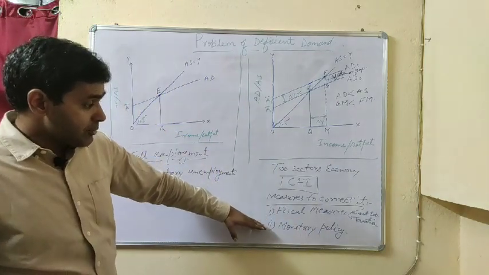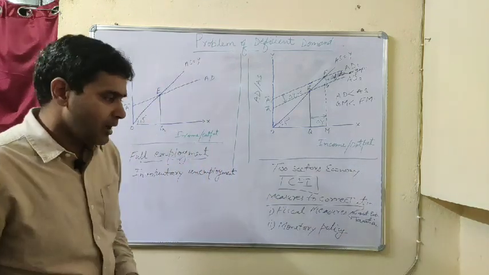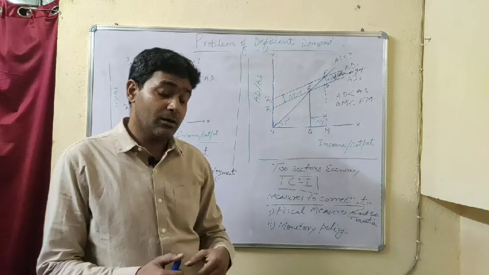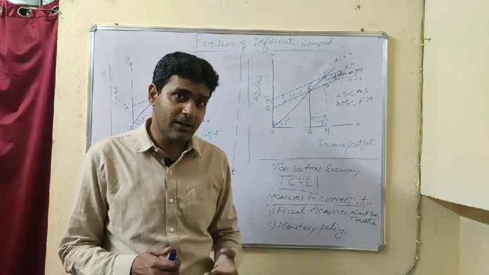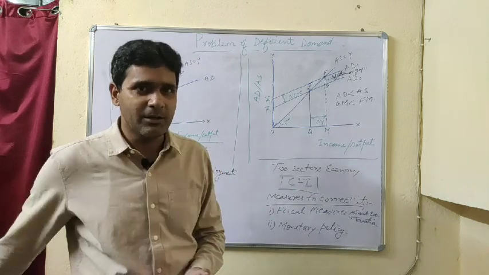Deficient demand will also be corrected with the monetary policy of the country. How can RBI increase the money supply? Because if deficient demand is prevailing, it means there is a deficiency in the supply of money.